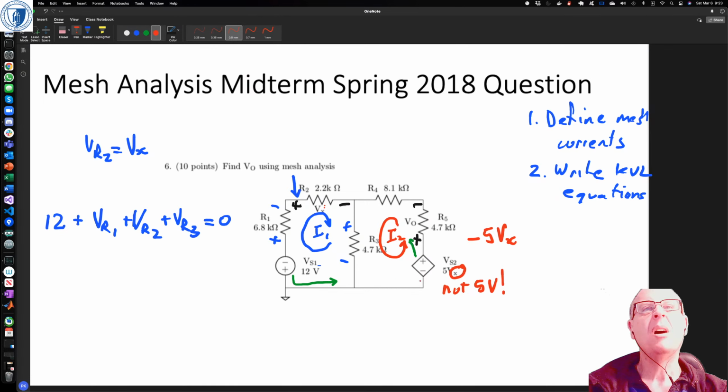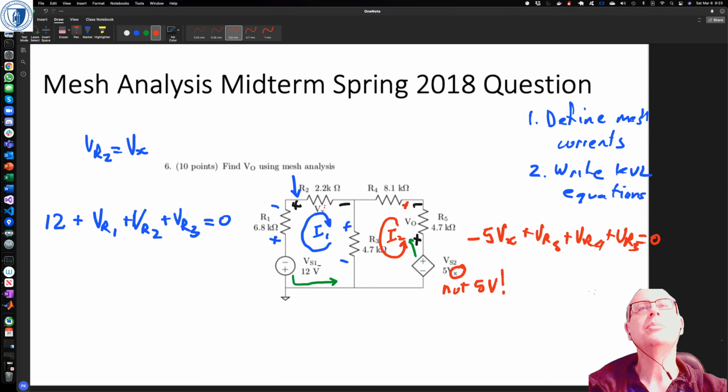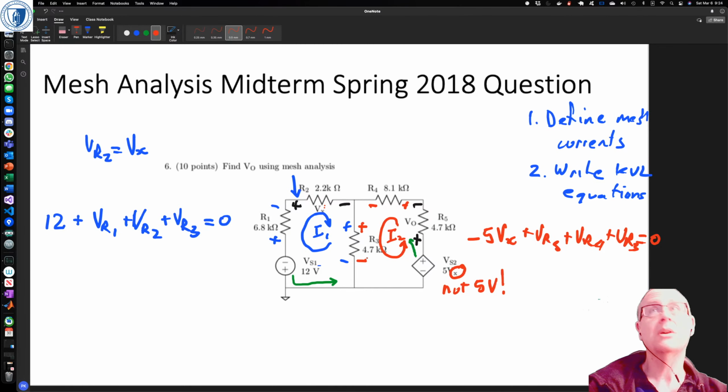Okay, so it's minus 5 Vx and then plus VR5 plus VR4 plus VR3 equals 0. And I did something I shouldn't do. I forgot to put polarities on the I2 loop. Okay, so there's our KVL equations.